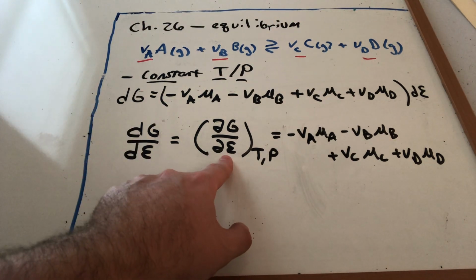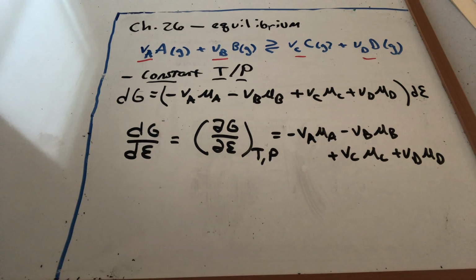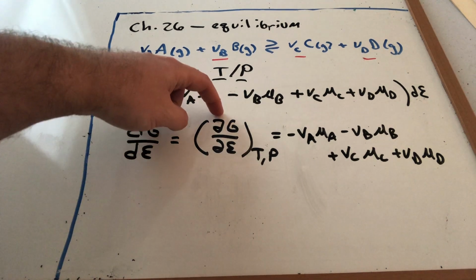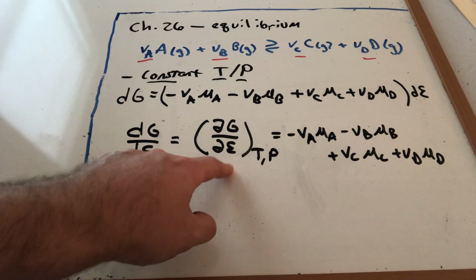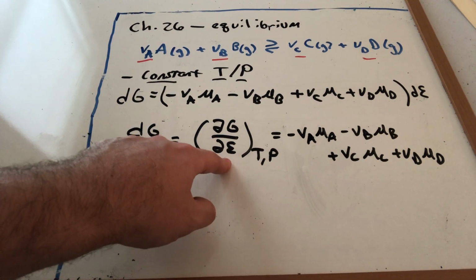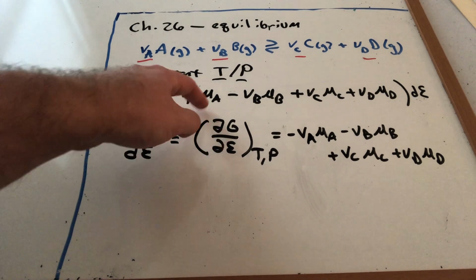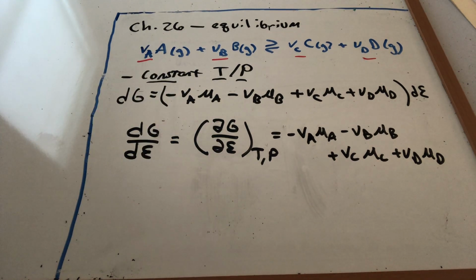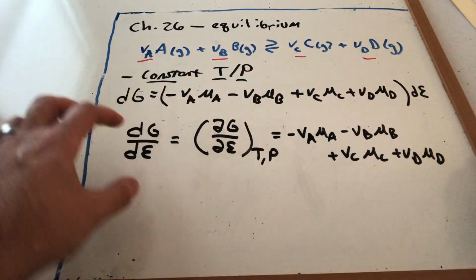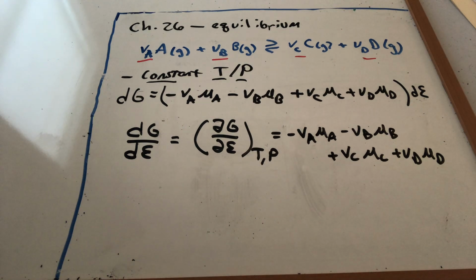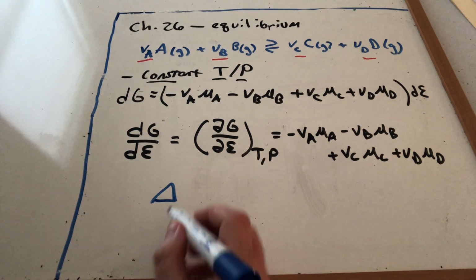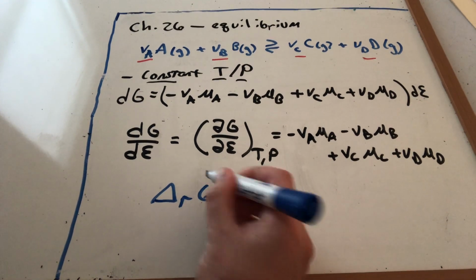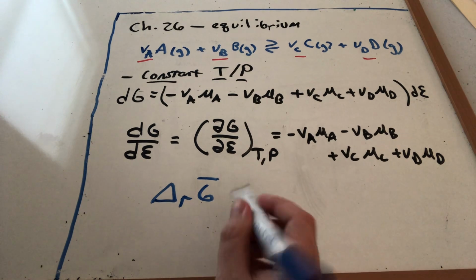And if I look over here, I get the same sort of idea. This is how G changes as the extent of reaction changes. As you force a change in the reaction, this is how Gibbs energy responds. With both those ideas, we can relabel this, right? We're going to call this delta G molar, to keep units correct.